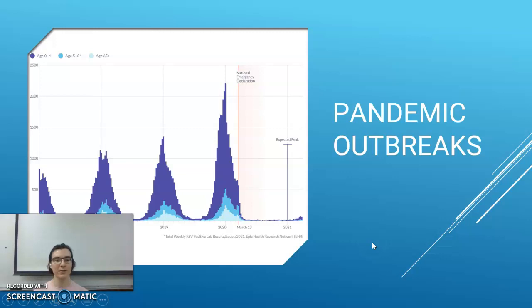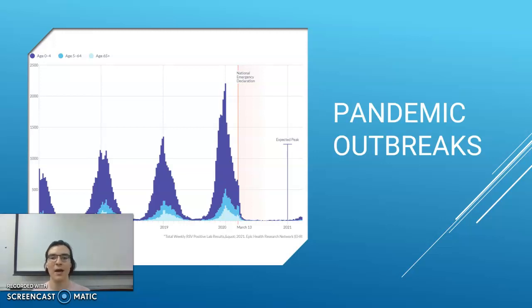However, these cases dropped dramatically when the COVID closures occurred. And this would be due to the preventative methods of COVID, such as social distancing, wearing masks, and other methods such as hand washing, and just making sure to keep better hygiene when it comes to yourself and others. And with all these measures in place, the amount of infections dramatically dropped.